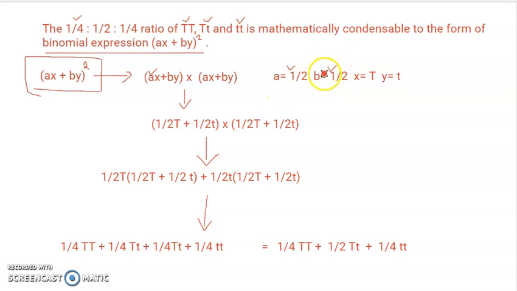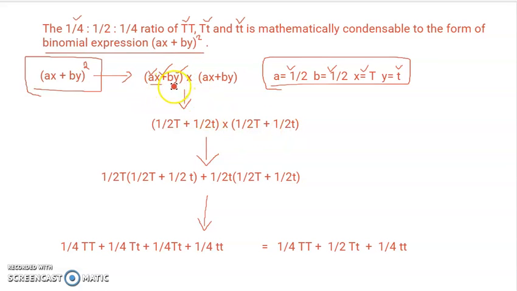So a is 1/2 and b is 1/2, and then we are taking x as capital T and y as small t, right? So using this, we are going to write down the equation. So how can we write it? For a, I'm going to write 1/2, and for x, I'm going to write capital T, plus again for b, I'm going to write 1/2, and for y, it is small t. So I'm writing small t, and the same thing happens.